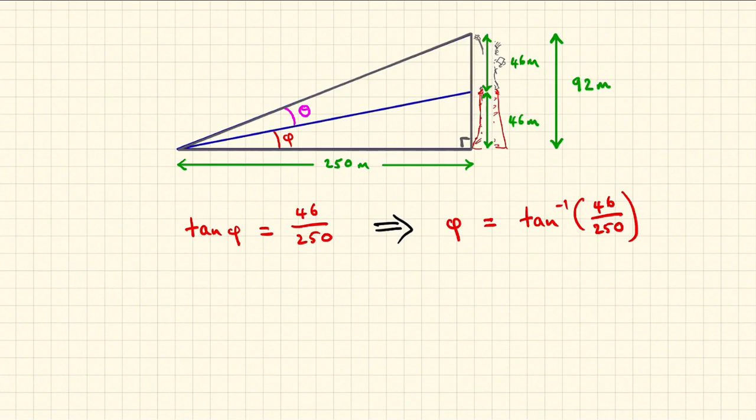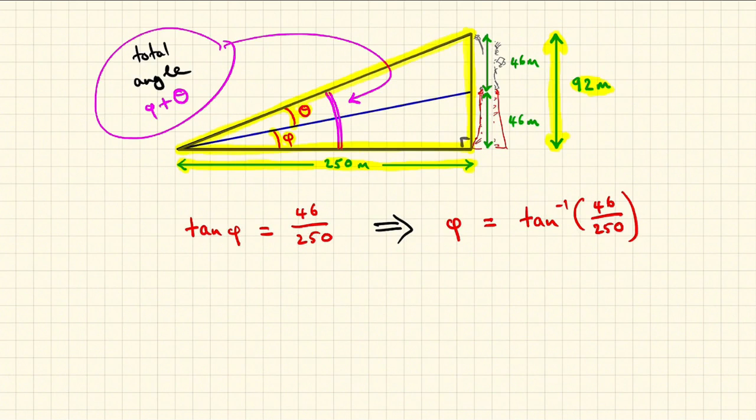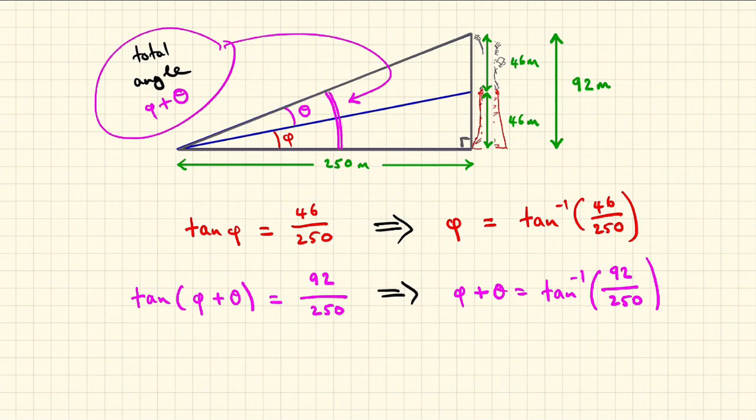There's another right-angled triangle with angle phi plus theta with opposite side length 46 plus 46 equals 92 metres and adjacent side length again 250 metres. So tan of phi plus theta is the fraction 92 over 250. Undoing this gives us phi plus theta equals inverse tan of that fraction.